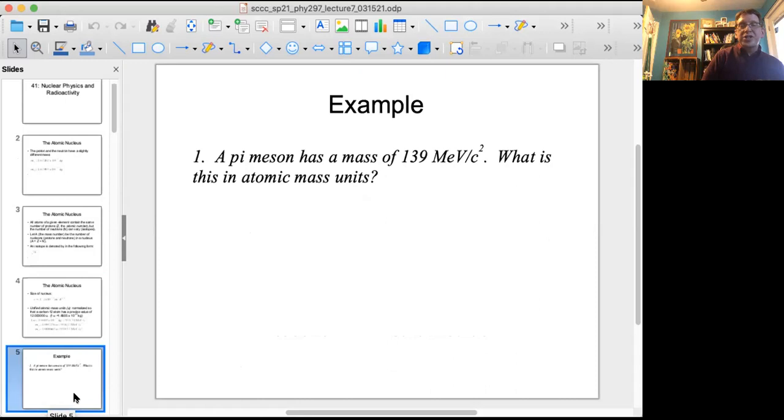So question number one: a pi meson has a mass of 139 mega electron volts per c squared. What is this in atomic mass units? So let's set up our whiteboard.